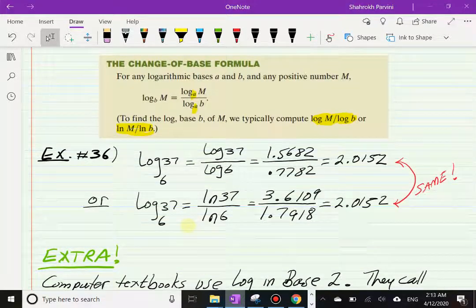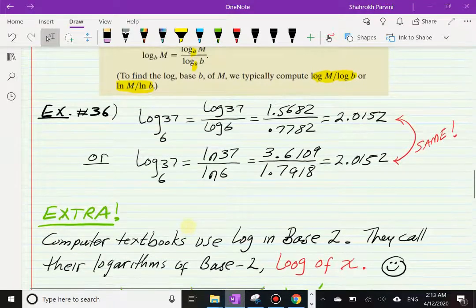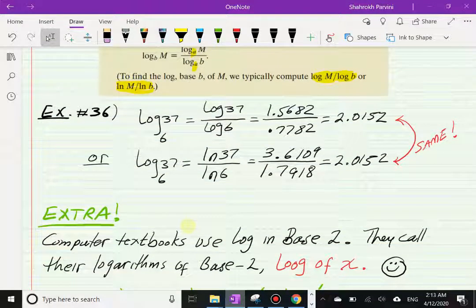Now, something in the way of famous or important logarithms. So we talked about common logs and natural logs. Those are the two that are in this section of your textbook, but I'll give you a little extra for your money here. Actually, in computer science, they use log base 2 quite often.